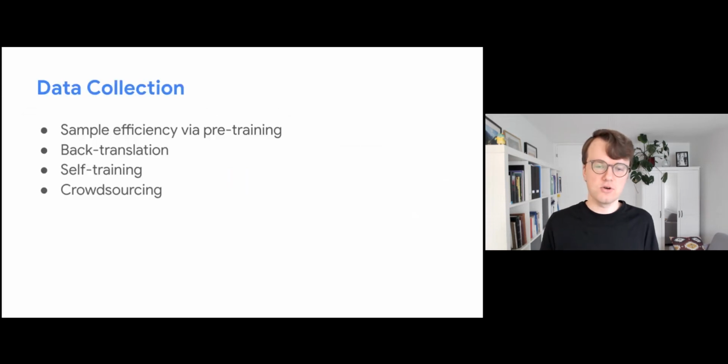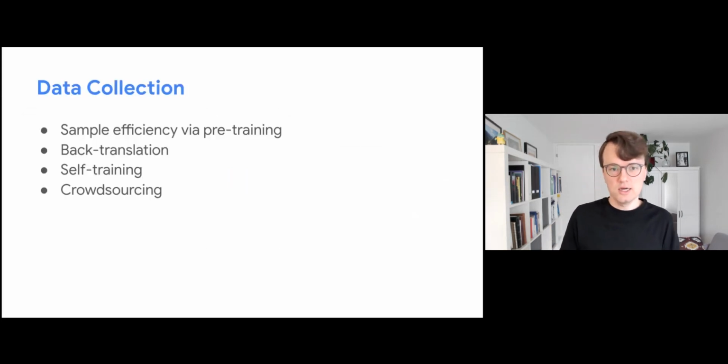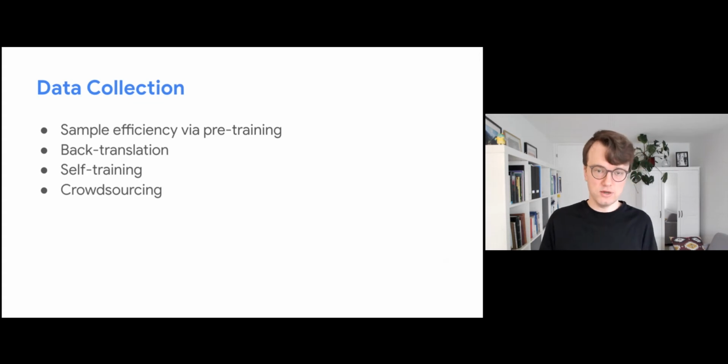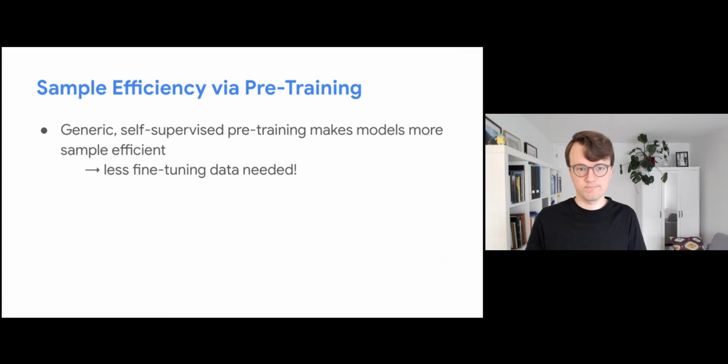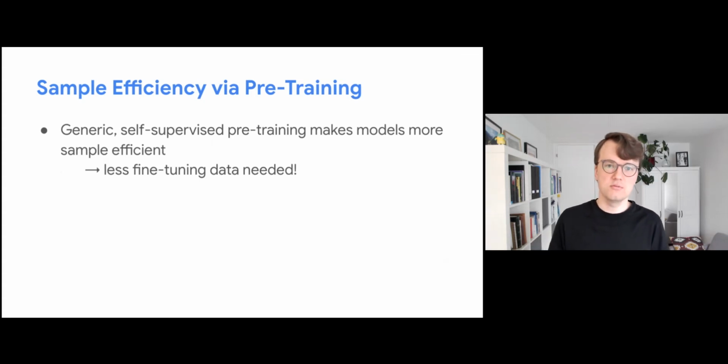And okay, so how do you go about collecting the data? I'm going to be mentioning four different approaches. The first one is basically a recap from last week. Often, machine learning methods are trained with millions of training examples.